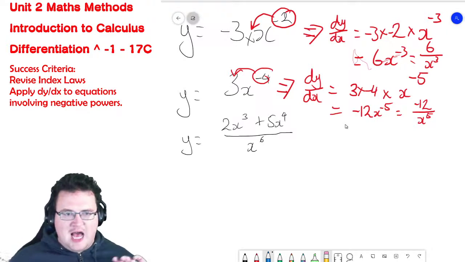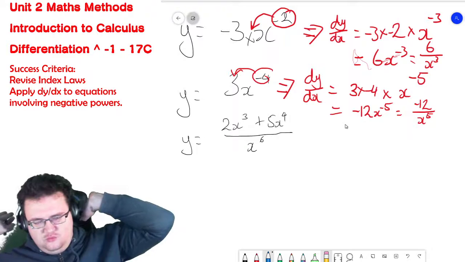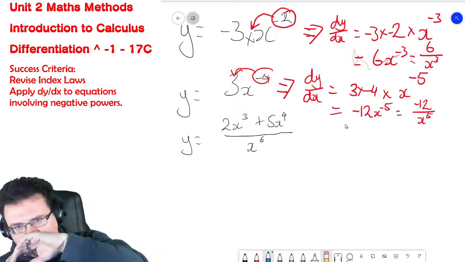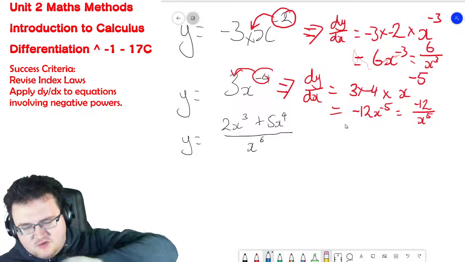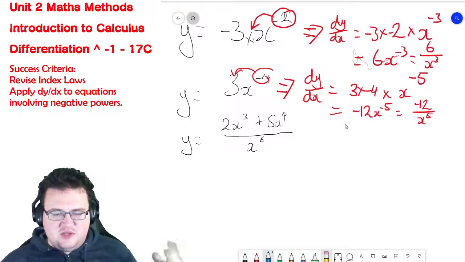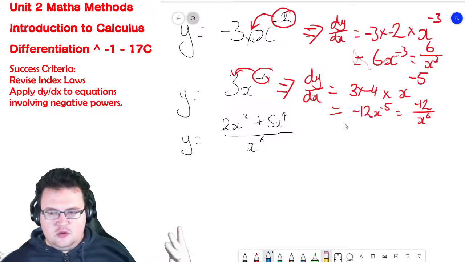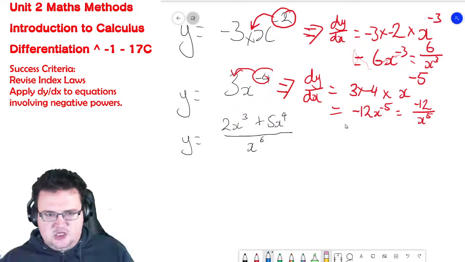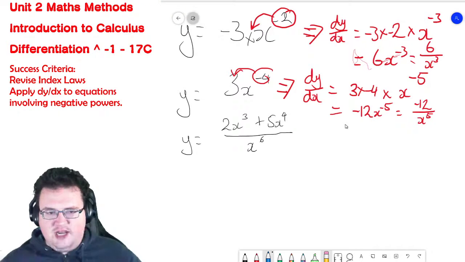But we can't do anything further to find the differential of this because we have to split it up. We have to split it into fractions, but we also have to split it so that we can put everything into negative powers.